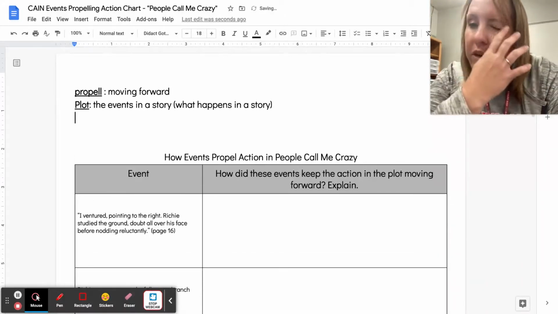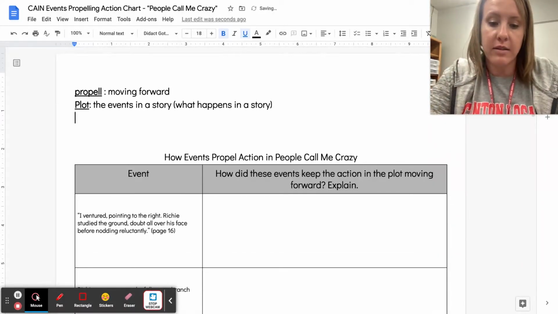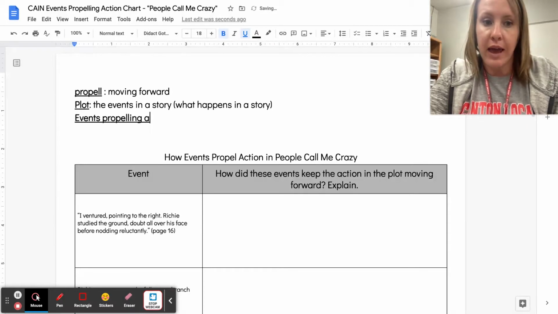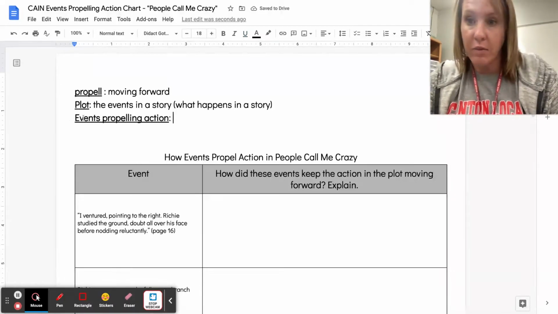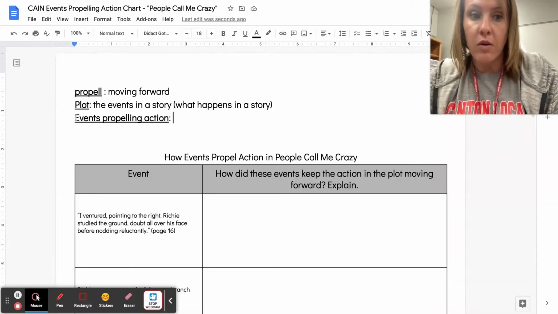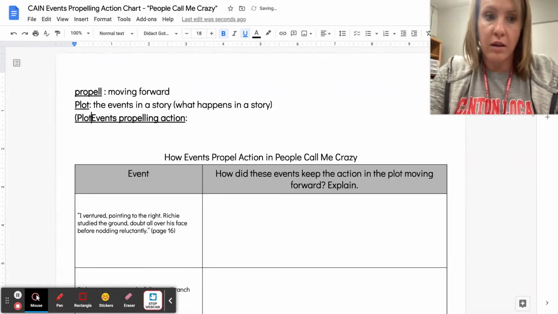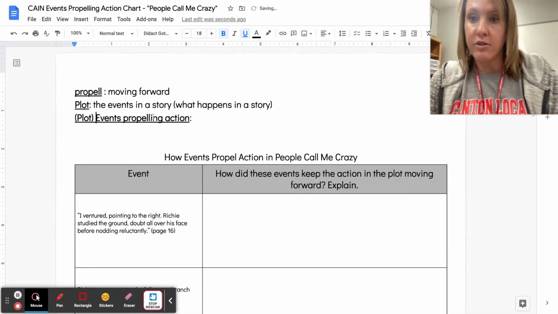And then the last thing, we're going to use this phrase a lot, is events propelling action. If you think of events, think of the word plot. So it can be plot events propelling action.